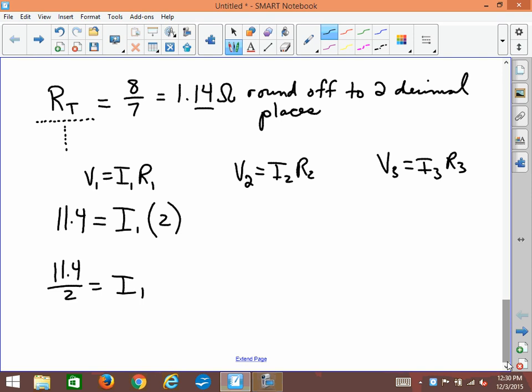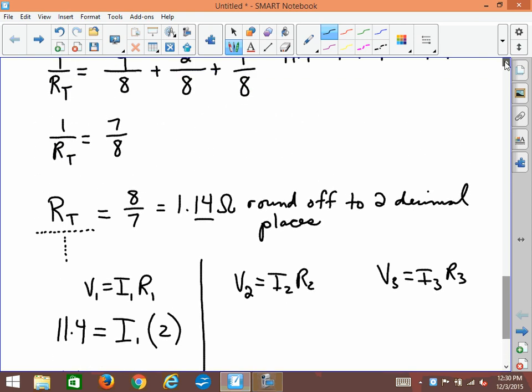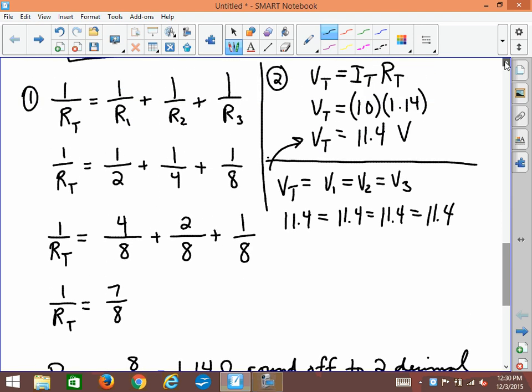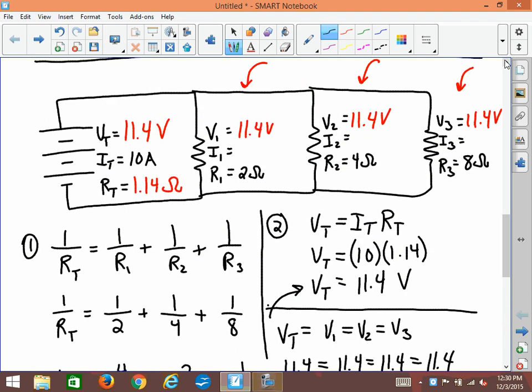Dividing 11.4 by 2, you can use your calculator or do it in your head. It comes out to about 5.7 amps, which is current number 1. Now we can write that in and look at voltage and resistance for number 2. So we said 5.7 here.